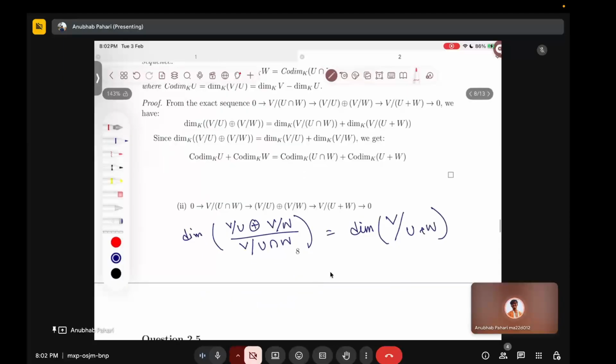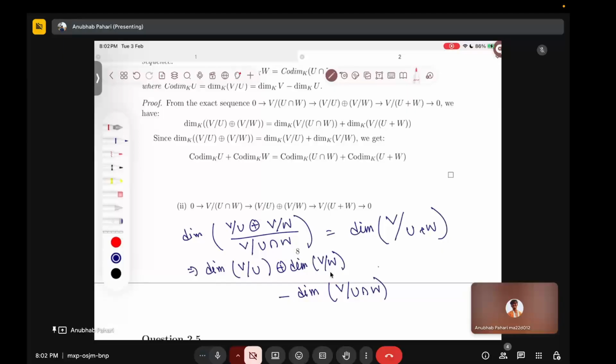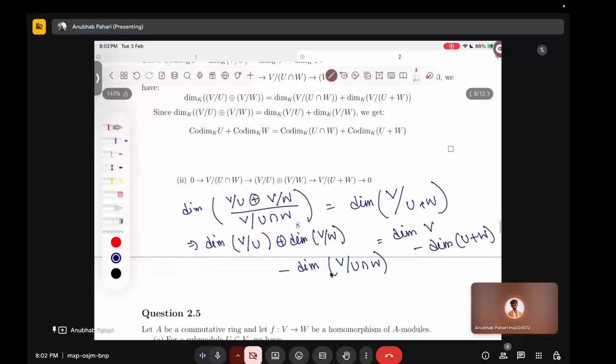So this implies, it will be like this addition subtraction game, equal to the dimension of V minus the dimension of U plus W. Can you do it from here, or if you have already done it, you can tell me too.